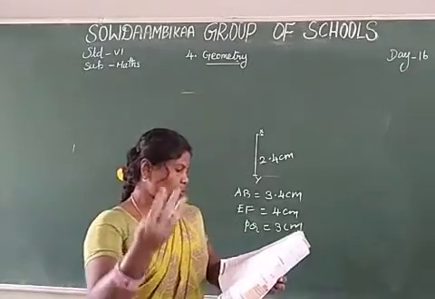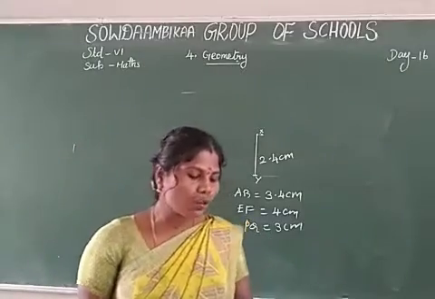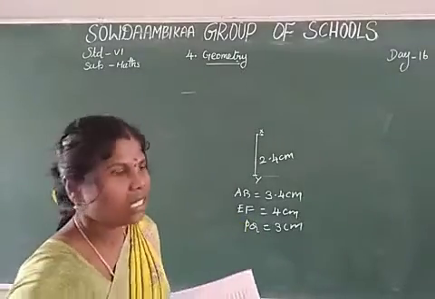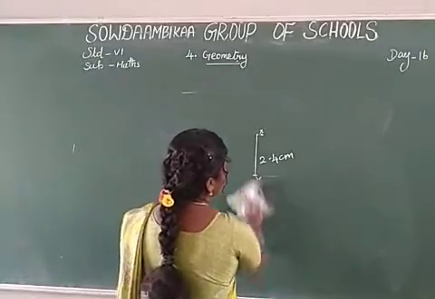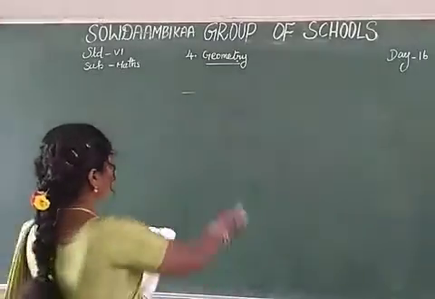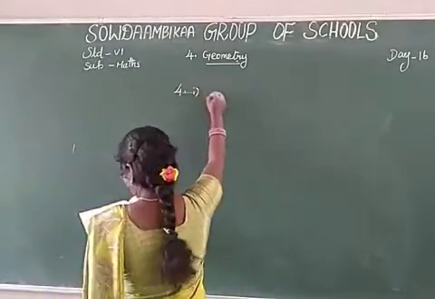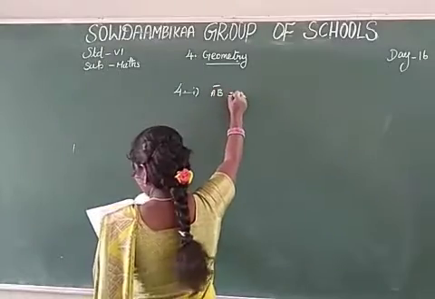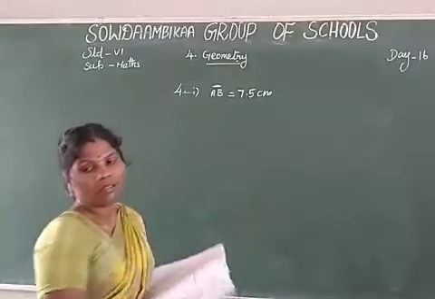Next, the fourth question. Construct a line segment using a ruler and a compass. Now take your scale, pencil, compass, eraser and a rough note. Fourth question. First one, AB is 7.5 centimeters. This is a line segment.